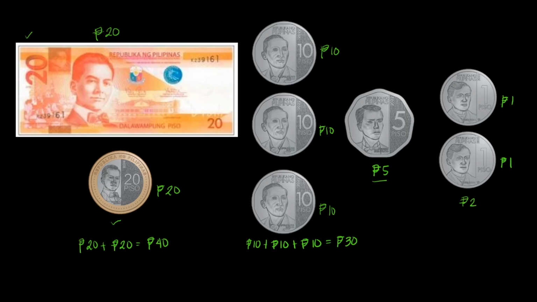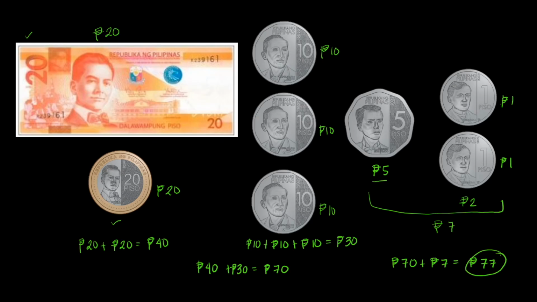So, these ones are worth 7 pesos. The tens are 40 pesos plus 30 pesos, which is equivalent to 70 pesos. So adding them all together, we will have 70 plus 7 pesos, which is equal to 77 pesos.